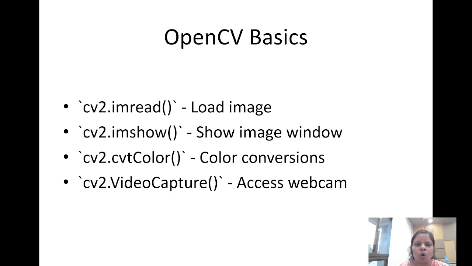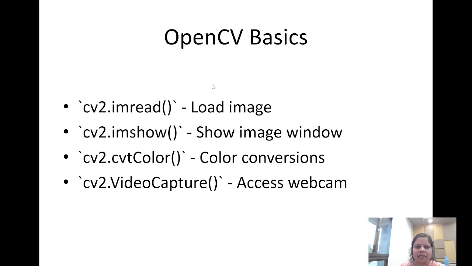When we come to OpenCV basics, it is the most widely used library for image processing in robotics. With OpenCV, we can load the images and display them, like this one, cv2.imshow. Then we can convert them to grayscale or HSV and access any live demo stream.